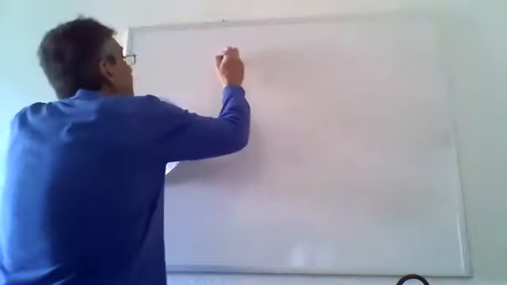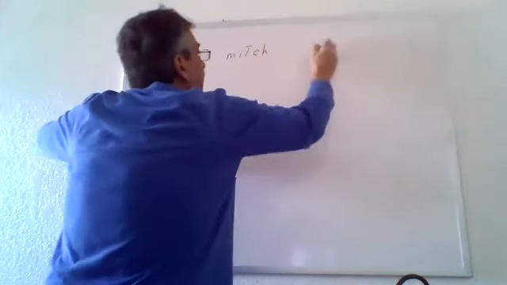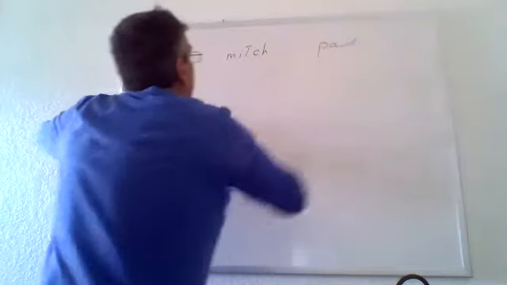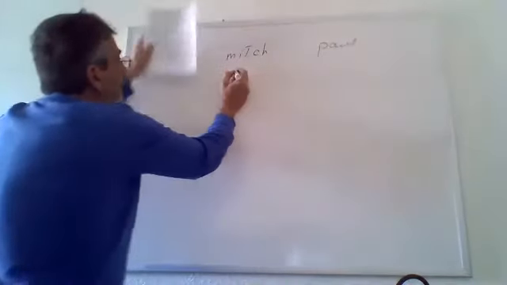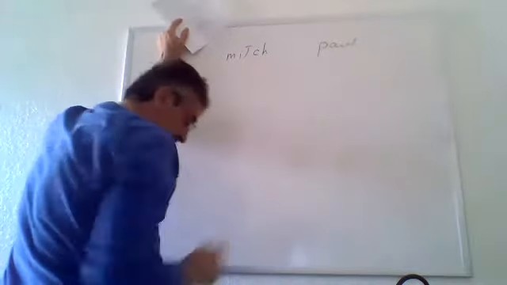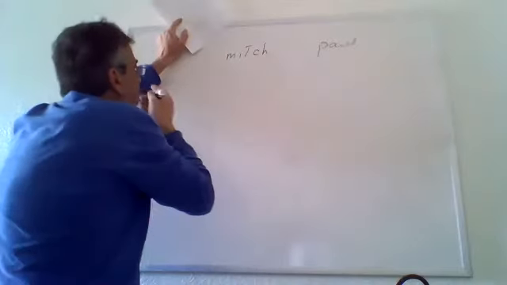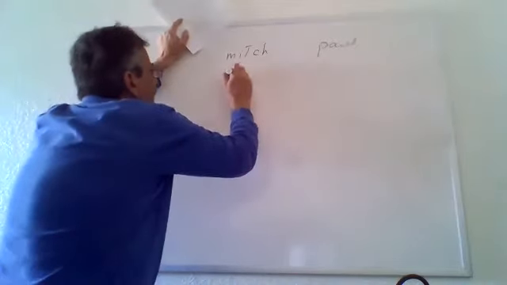So we have Mitch and Paul, right? Yes, sir. It was Mitch and Bill, I'm sorry. It doesn't matter, they're the same. So they're both 75. Mitch is 25 years old.